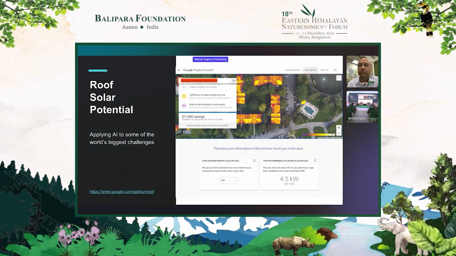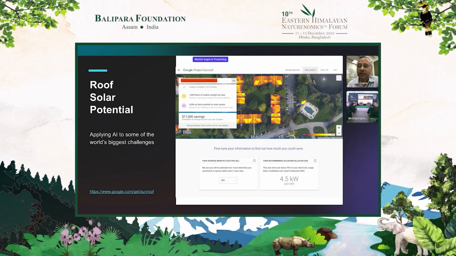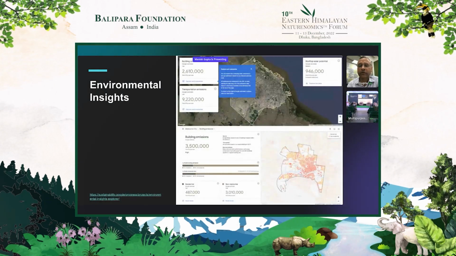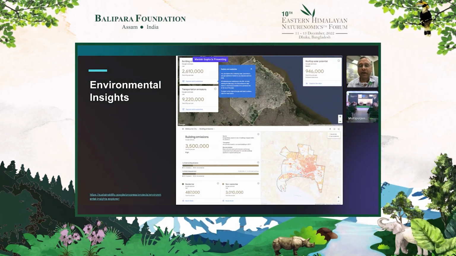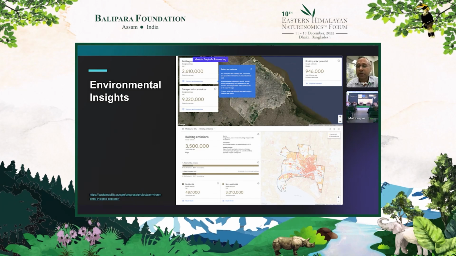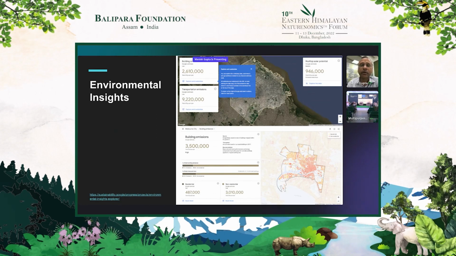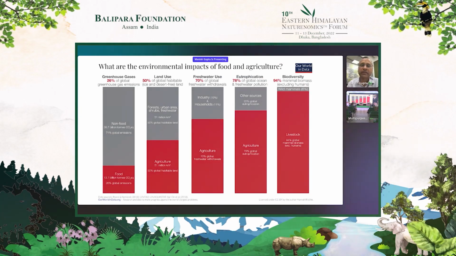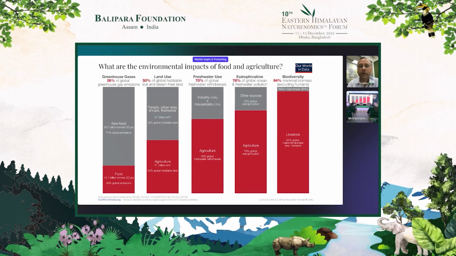How can you incentivize households to start installing these kinds of solar panels and taking advantage of solar power? Some of this analysis can also be used to generate environmental insights about the emissions that are coming from various kinds of buildings, facilities, and so on. And in particular, at Google Research India, we've been doing a fair amount of work in trying to understand and mitigate the environmental impact of agriculture.